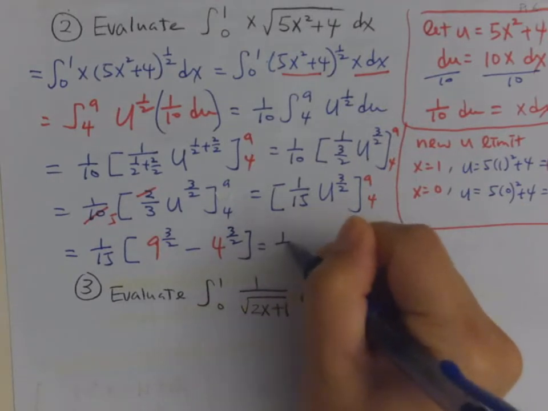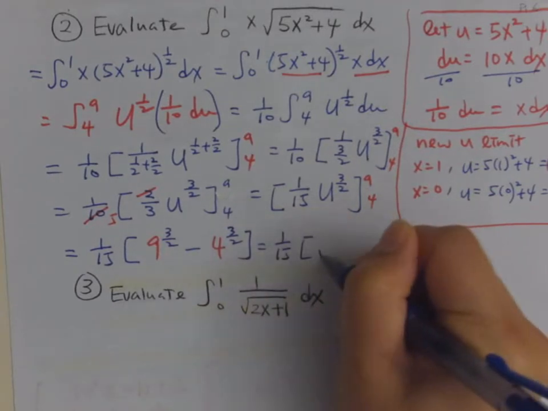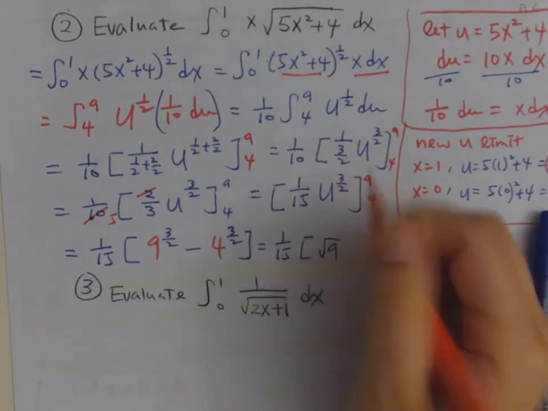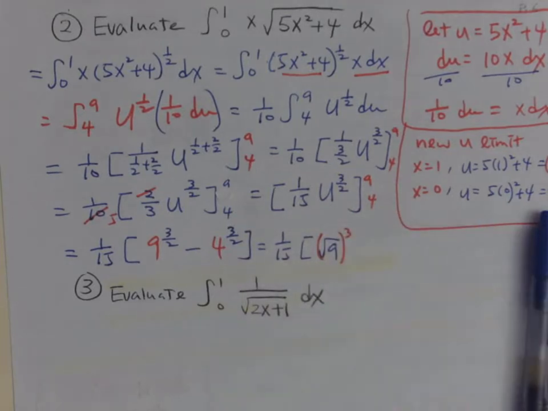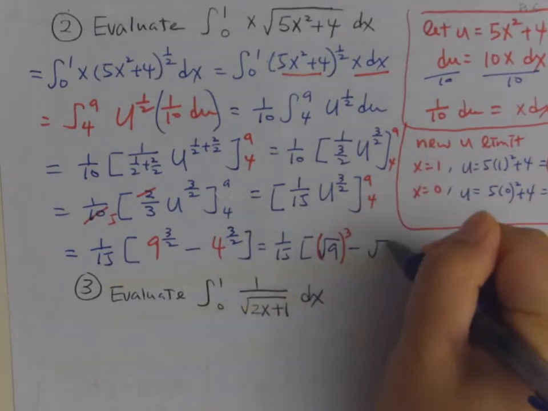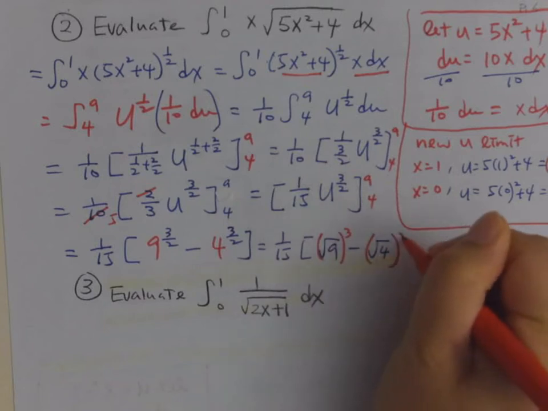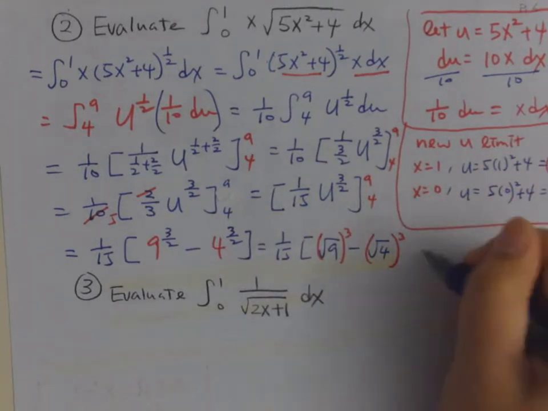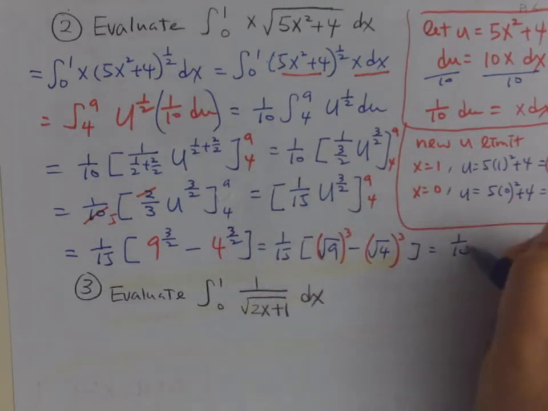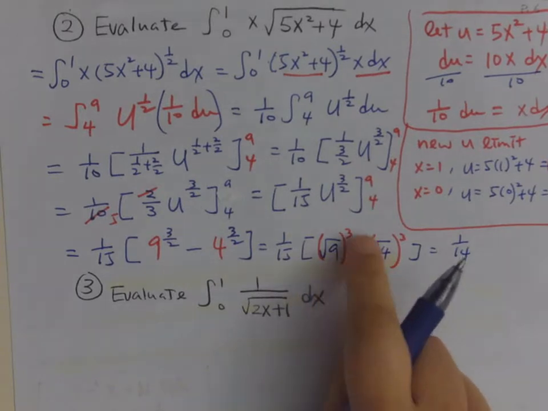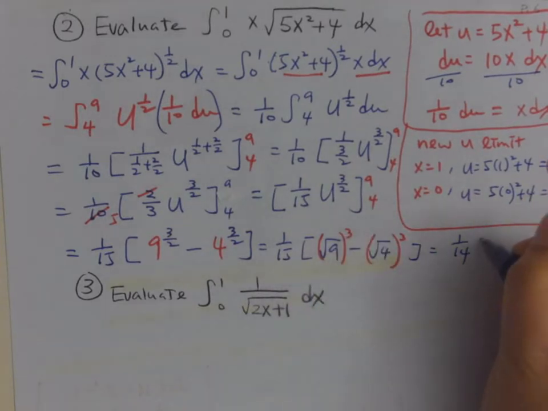So 1/15, you get the square root of 9, and then you can cube it. If you forget how to do it, it's okay to use the calculator to check yourself. Cube. Okay, so that would give me 1/15. This is like 3 to the 3rd power is 27.